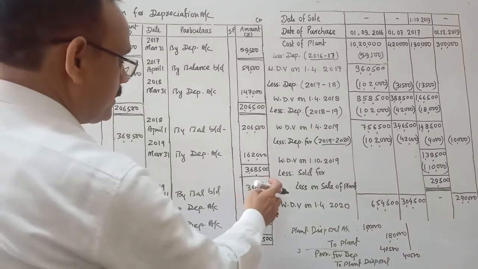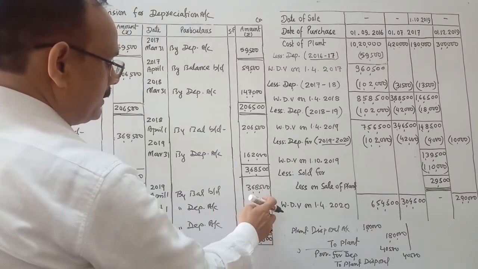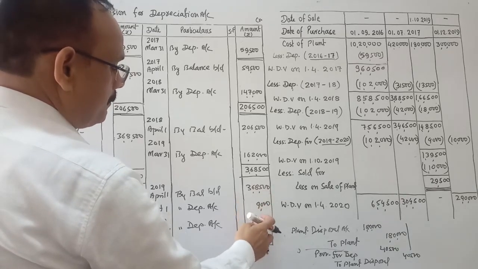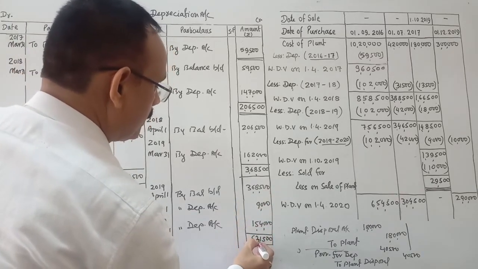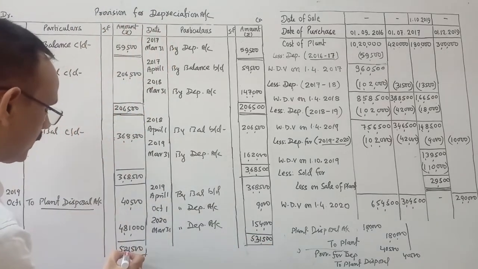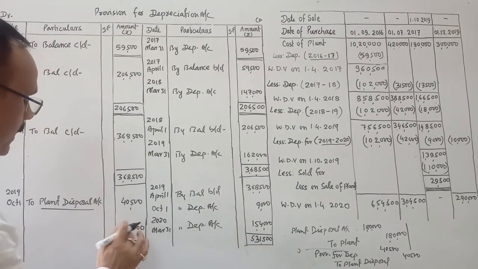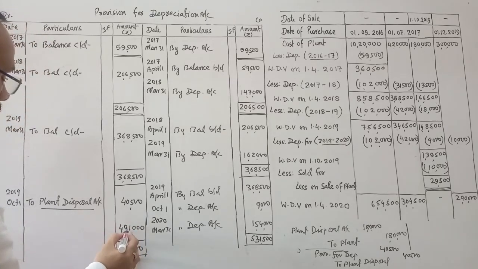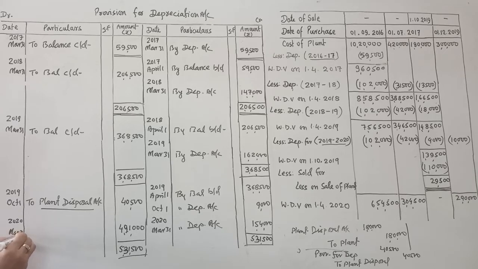The total is correct. So on 31st March 2020, to balance carried down. This will be carried down.